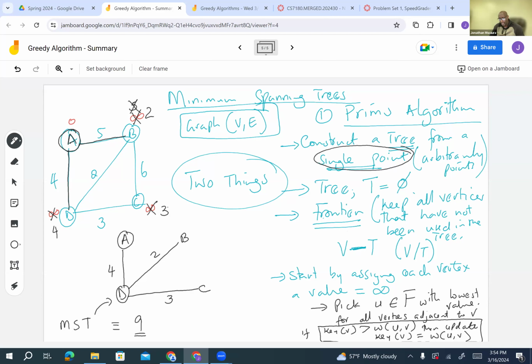Then we are assuming that if that weight is the minimal, then it must also be part of the overall global optimal solution, the actual tree that we are going to calculate. That's the idea that we are following the whole time.